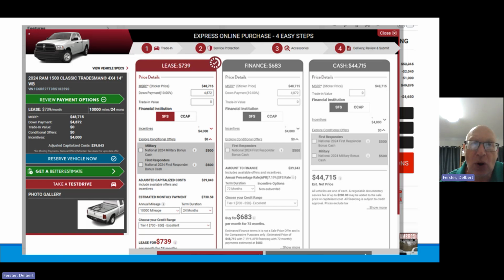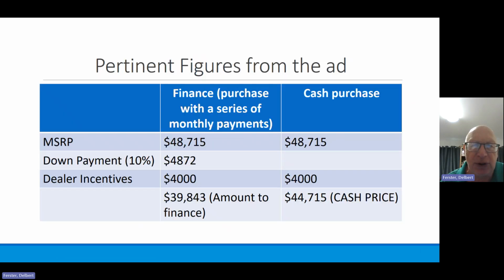We're going to consider what it would cost to buy this truck on time with a series of payments. All right, so I've analyzed some data from the ad for us, and that's what you see on this chart. If we finance it with a series of monthly payments, the suggested retail price from the manufacturer is $48,715, and it's that regardless of whether we're looking at a finance option or a cash price and drive away.